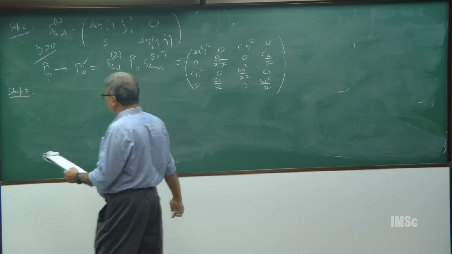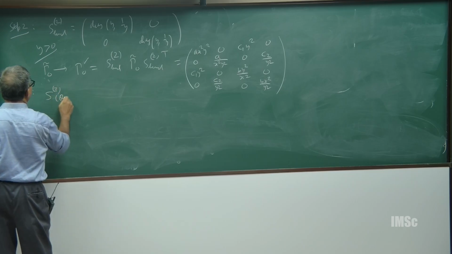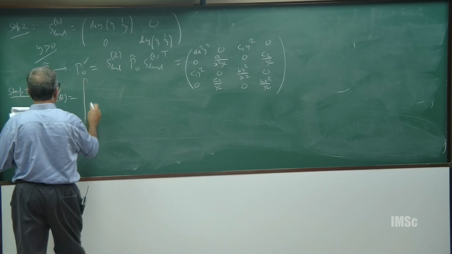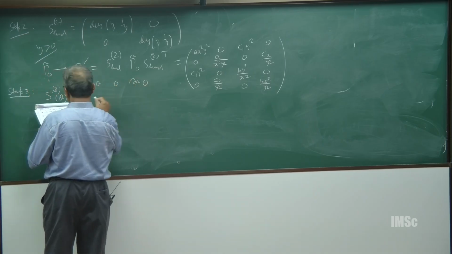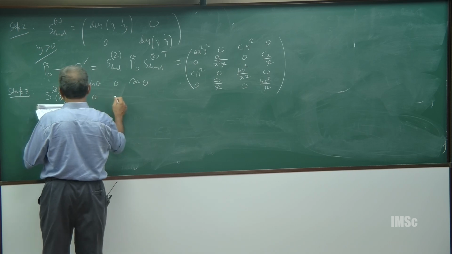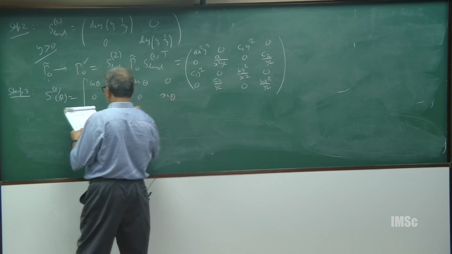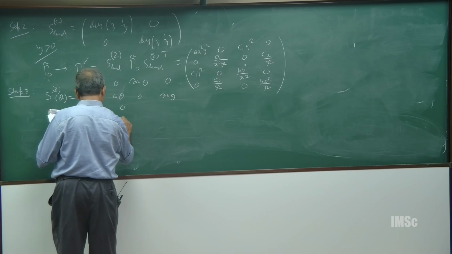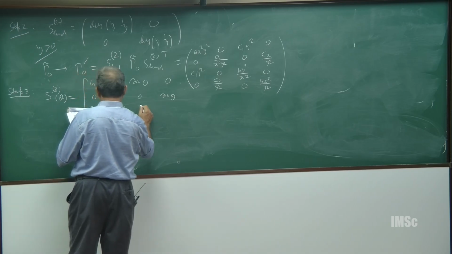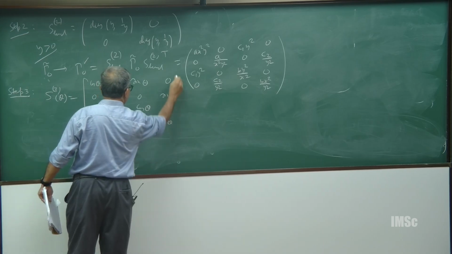Okay. So, what is that? So, you say S 3, I will call it theta. So, this is cosine theta 0 sin theta 0, 0 cosine theta 0 sin theta, minus sin theta 0 cosine theta 0, 0 minus sin theta 0 cosine theta.